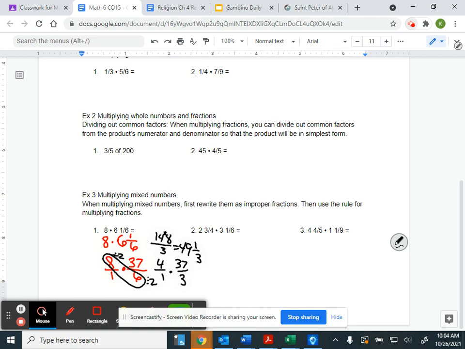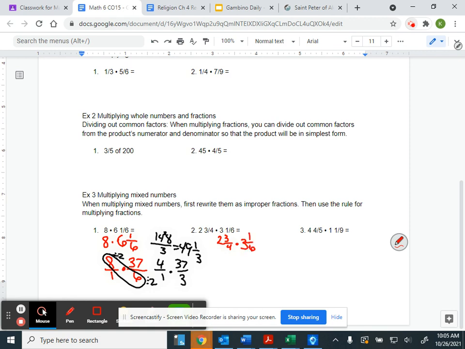So when you're working with those mixed numbers, turn them into improper fractions, then you can multiply. You can see if you can cross simplify, or you can just simplify it at the end. So go ahead and try number 2 on your paper and see what you end up with. 2 and 3/4 times 3 and 1/6.